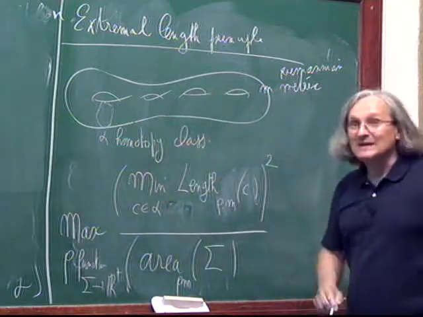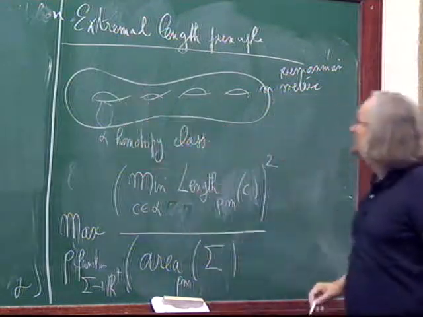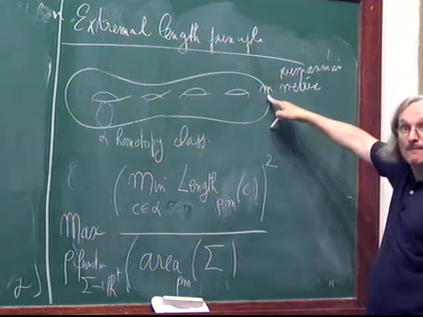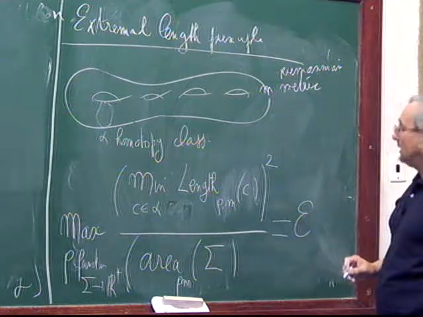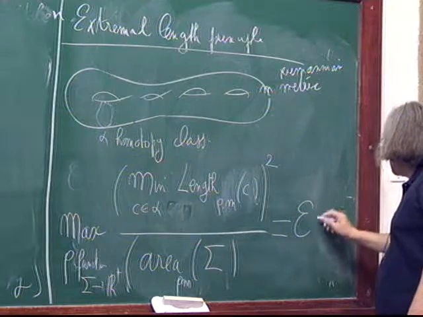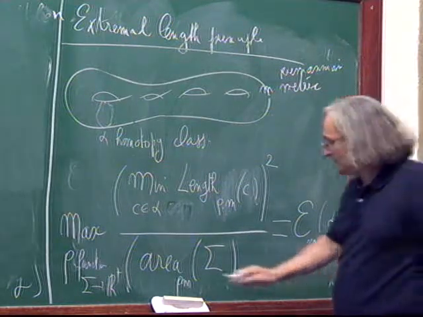This is called the extremal length of the homotopy class alpha in the conformal class of M.